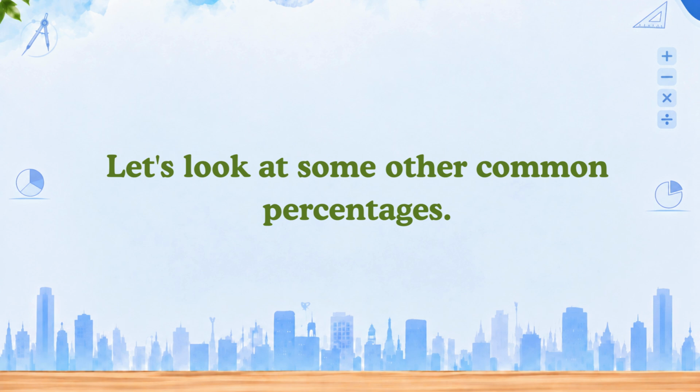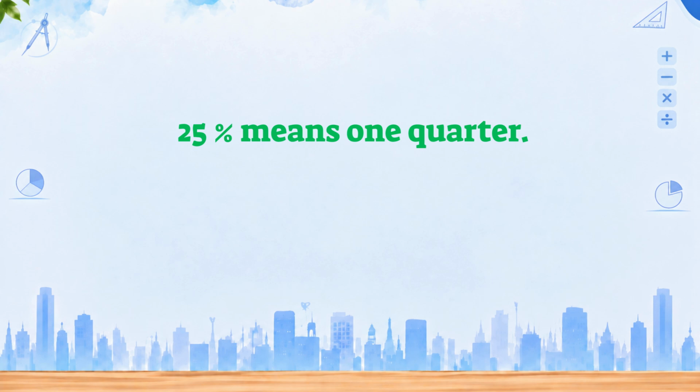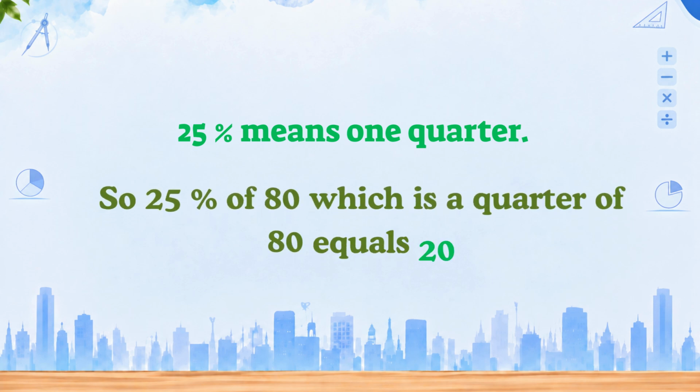Let's look at some other common percentages. 50% means half. So 50% of 48 is 24. 25% means 1/4. So 25% of 80, which is 1/4 of 80, equals 20.